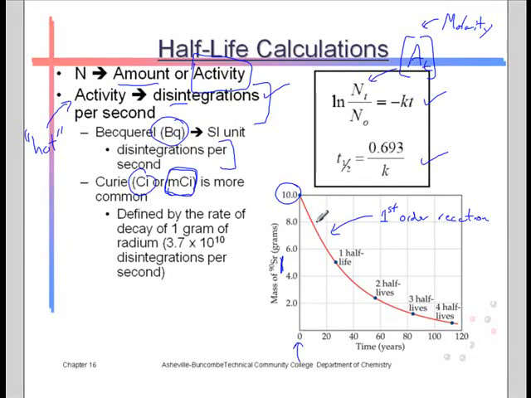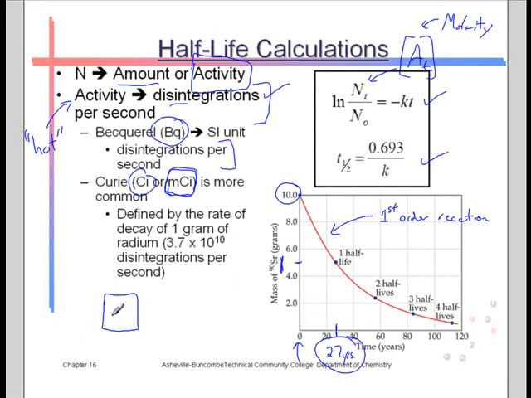Now, one simple one is diagrammed by this graph here. What is a half-life? The half-life for this looks to be about 27 years or so. So after 27 years, the 10 gram sample goes to 5 grams, and so on and so on.